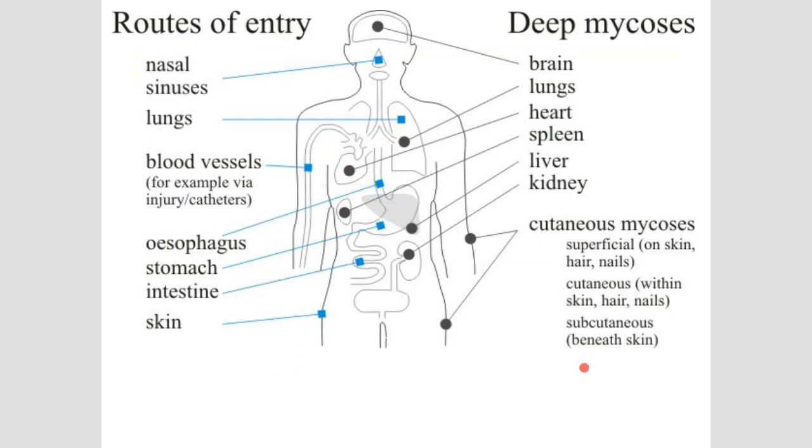Now, for routes, when we talk of these terms, these are a couple of slides for a recap of what I've already told you. When we talk of deep mycosis, it can go to the brain, lungs, heart, spleen, liver, kidney. So these are the deeper mycoses, when you have fungal infections of the blood. As far as the routes of entry are concerned, it can enter through the nasal sinuses and go to the lung.